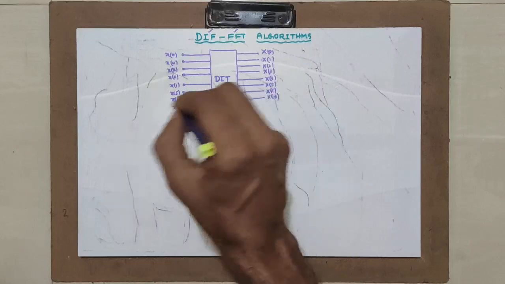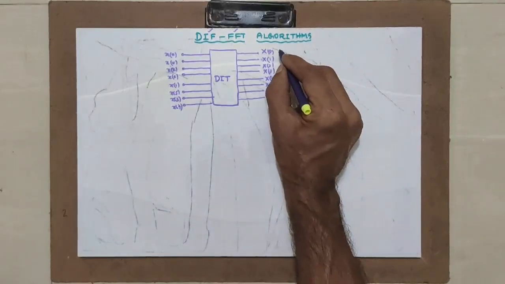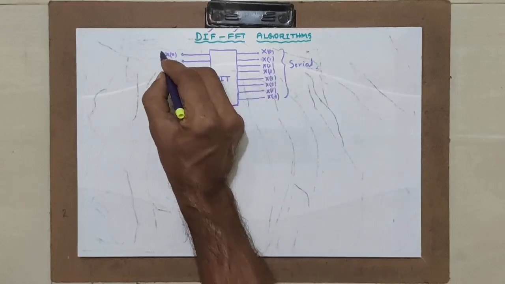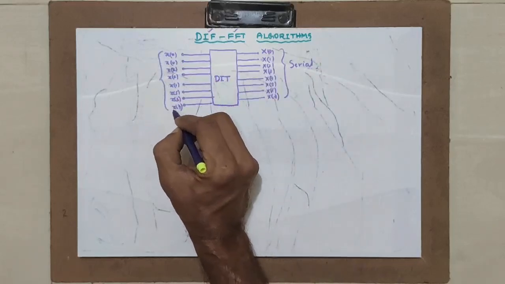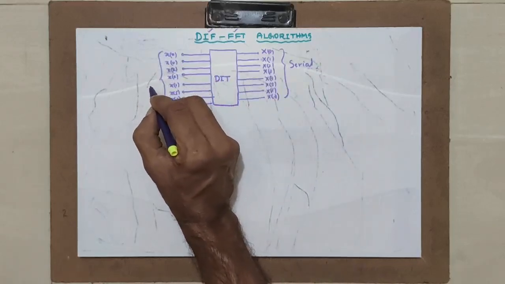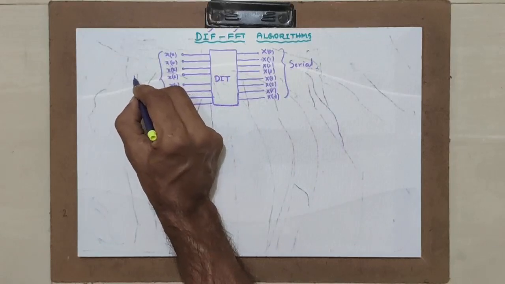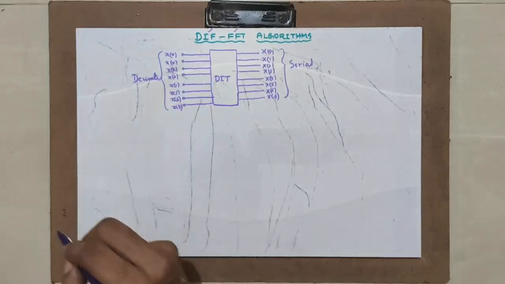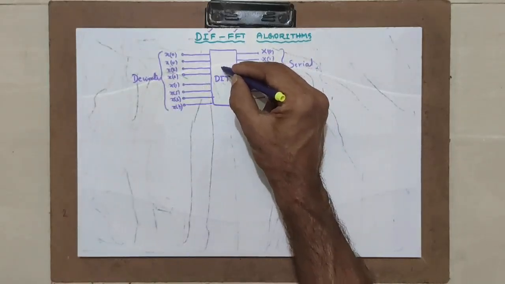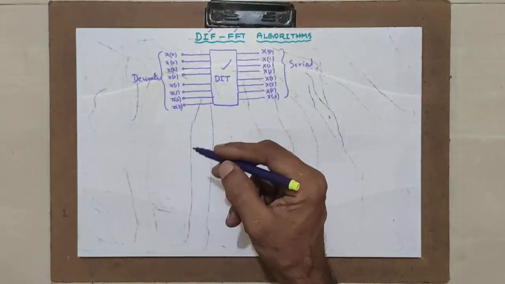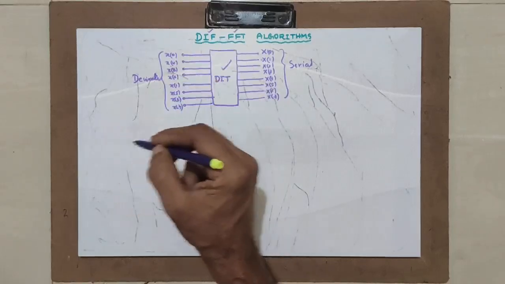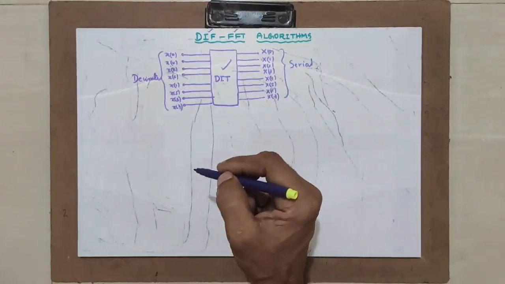The output has come serial. The input side is what we call bit reversal. I will talk about those theories later, but this is decimated. That's what it is all about in DIT. Here it is decimated on the time side; on the frequency side it is serial.